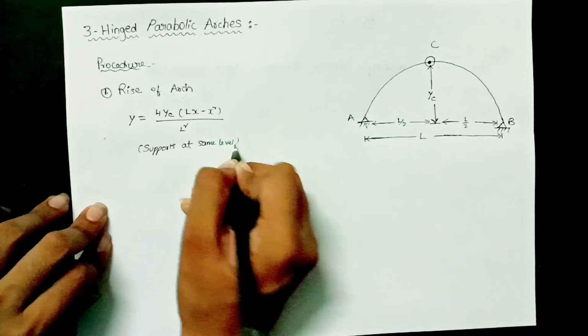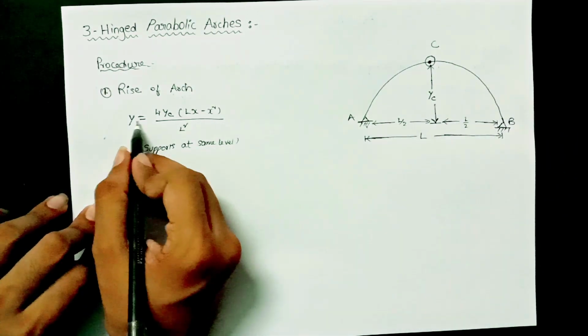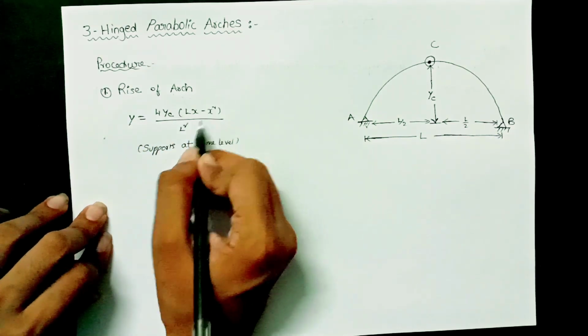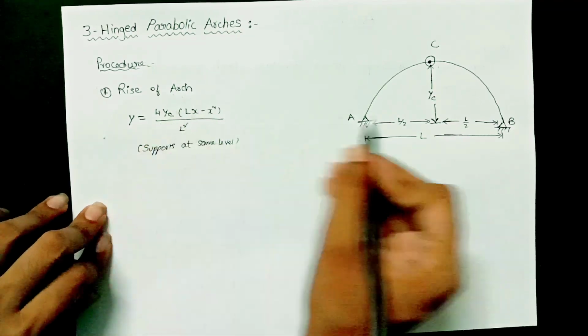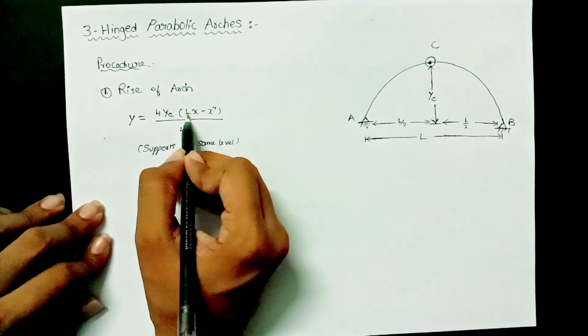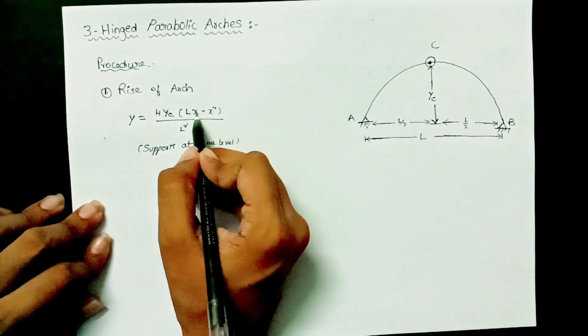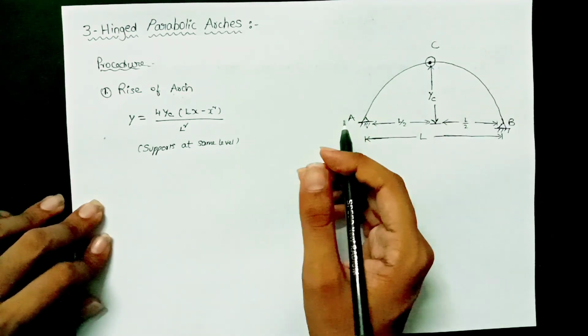As you can see here, the two supports are at the same level, and we have to use this formula: y equals 4yc into (Lx minus x square) by L square. In this formula, yc is the central rise, capital L is the span of the arch, and x is the distance from the support to the considered point.